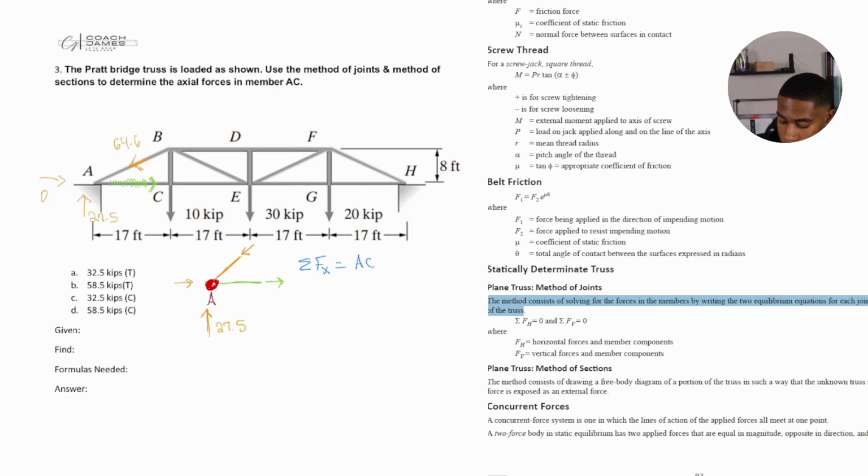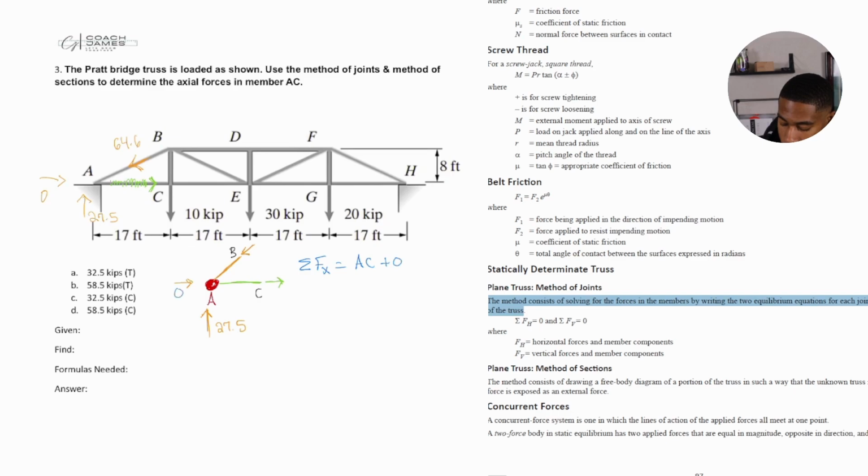What's the other forces? To make this a little bit more clear, I'll put this is C and this is point B. I know AC is a positive. What about the X component of AB? So I have plus 0.